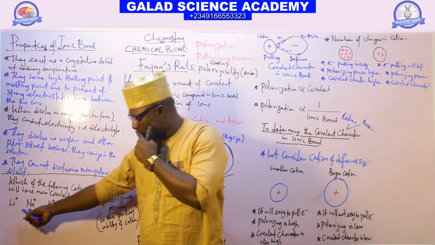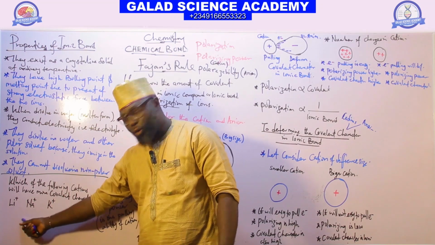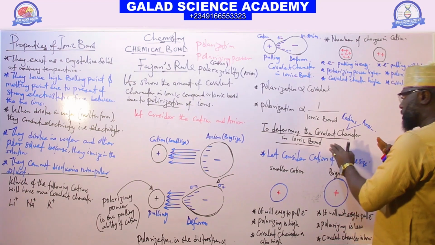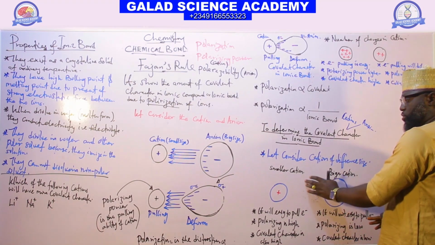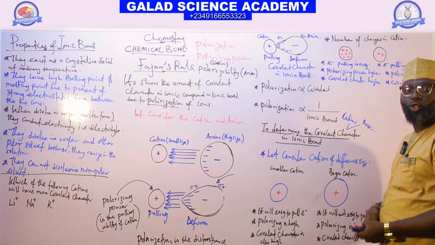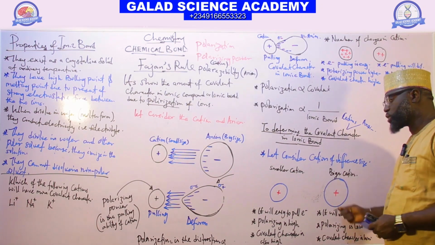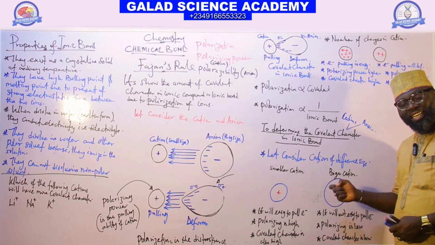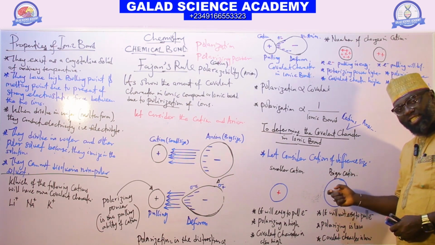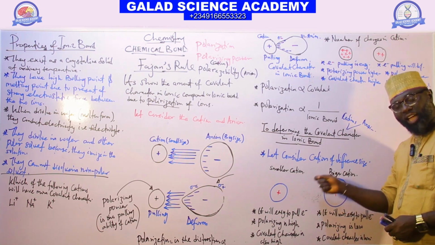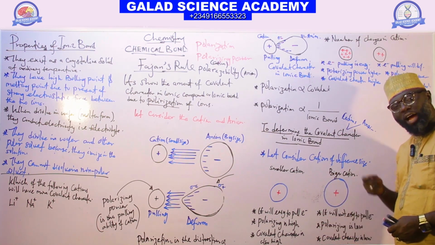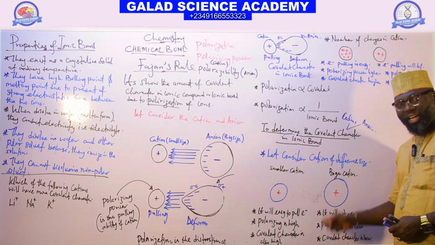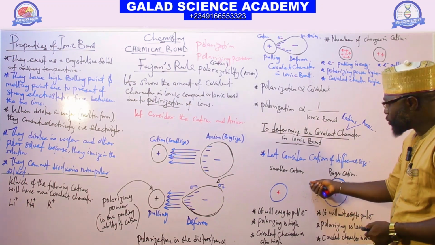For you to tell me the ion that has more covalent character, we need to go back to the first rule, which deals with the size of the cation. The first rule states that the smaller the size of the cation, the higher the polarizing power and the higher the covalent character. Here is the summary of this first law.